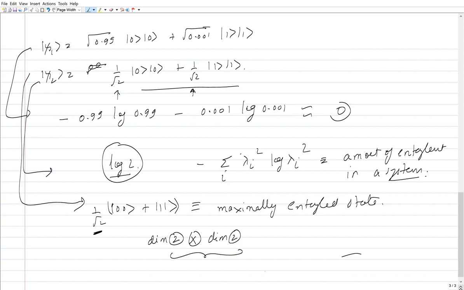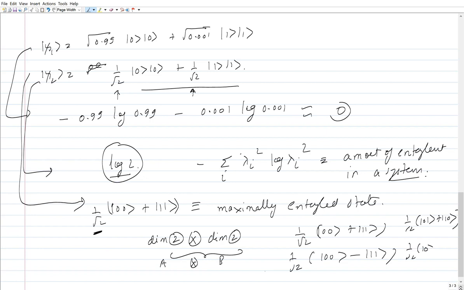So in this A tensor B system of 2 qubits, for example, I can also have 0 0 minus 1 1, and I can also have 0 1 plus 1 0, and 0 1 minus 1 0. These four are the maximally entangled states, called the Bell states.